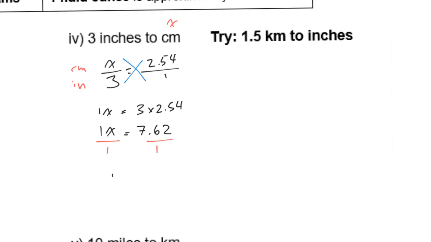And what we were originally looking for was x centimeters. So we end up with 7.62 centimeters. Now, we can leave that as 7.62 centimeters because you'll notice that all of these numbers here, the biggest number of decimals is 2 decimals. So we can just leave it like that.